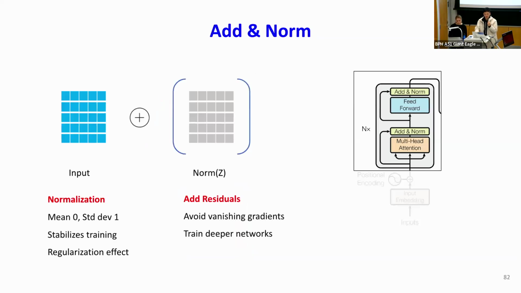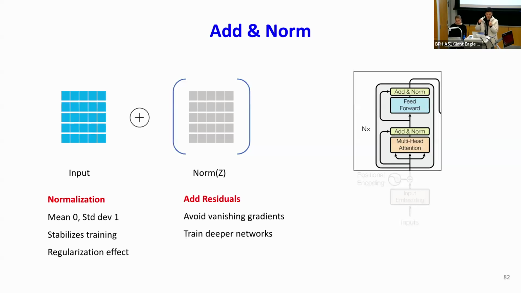All right. And after feed forward, we have what's called add and norm. What that is also very simple. The norm just means normalizing the attention representation to a given mean and standard deviation. The reason for that is because we want to stabilize the training and we want to have regularization in order for the model to avoid overfitting on a specific subset of materials. And also we have residual connections, which is what people usually do these days in large models, just because as models grow larger, you want to have gradients that are still trainable, right?